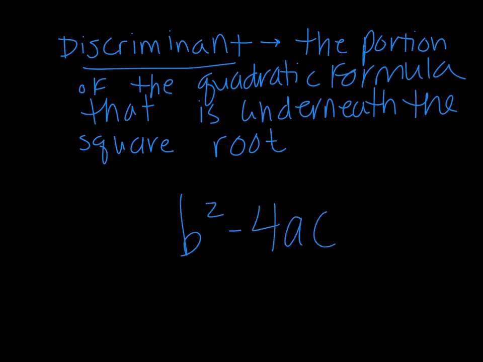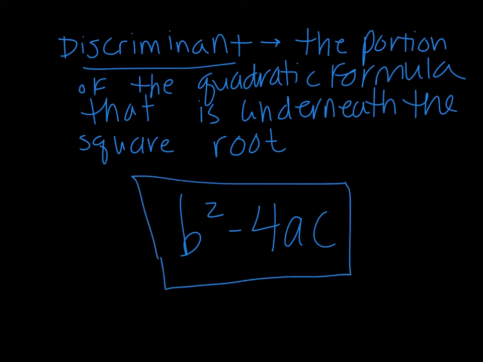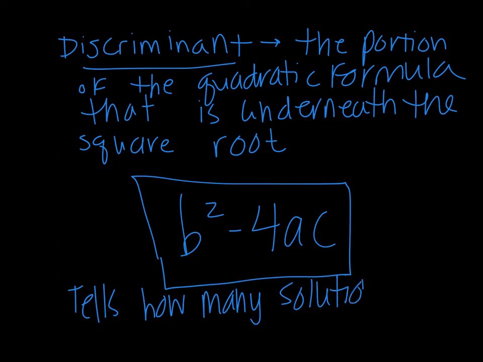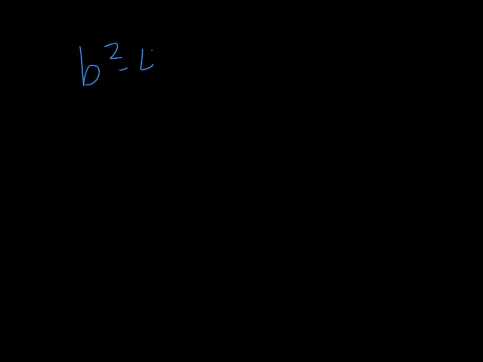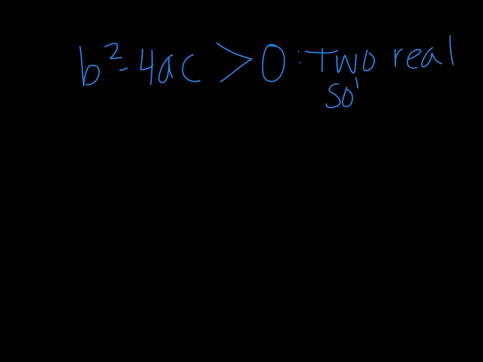And so this is special because we know that we can only take the square root of positive numbers. So this is going to tell us how many solutions there are. If the discriminant is positive, if I'm taking the square root of a positive number, then that tells me that there are going to be two real solutions, because that's going to give me plus or minus something, plus or minus a whole number or a decimal.